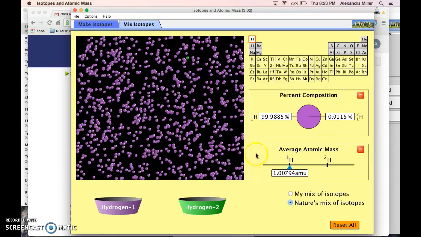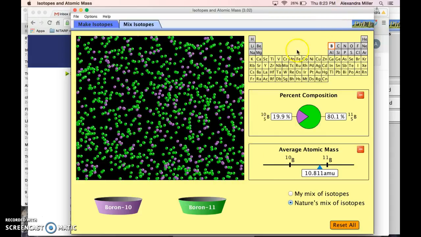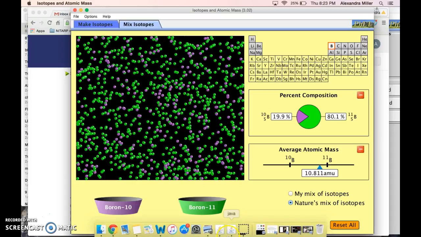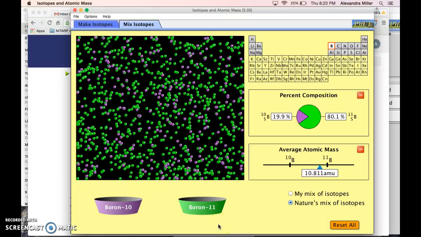It's going to basically look like a sea of purple with one green, because there's an overwhelming number of hydrogen 1s. But if we go to boron, it's looking a little bit more diverse, because you have boron 11 with the green making up most of it, and boron 10 with the purple making up 20% of it, as you saw on the other window. I think what they're doing here is that the purples are the lighter isotopes and the greens are the slightly heavier.